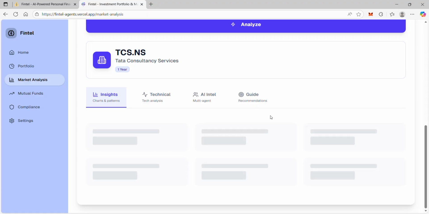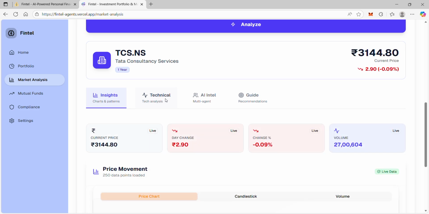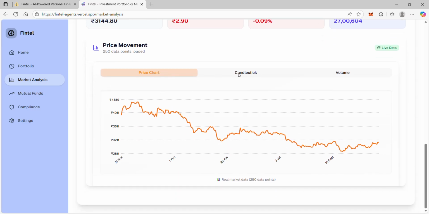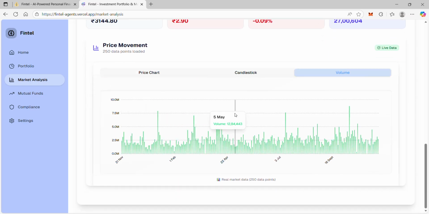In the first tab, you will get charts and patterns related to the TCS stock price data from Yahoo Finance. The second tab provides technical analysis, with technical indicators like simple moving average, exponential moving average, relative strength index, etc. There is the price chart, candlestick, and volume.